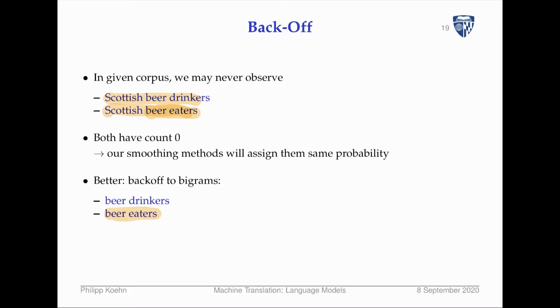We want a trigram language model that takes a rich history of the 2 previous words into account. But when that ends up with 0 counts, we're going to back off to bigram language models. So we can estimate a unigram, a bigram, and a trigram language model. The question is now, how do we combine them?